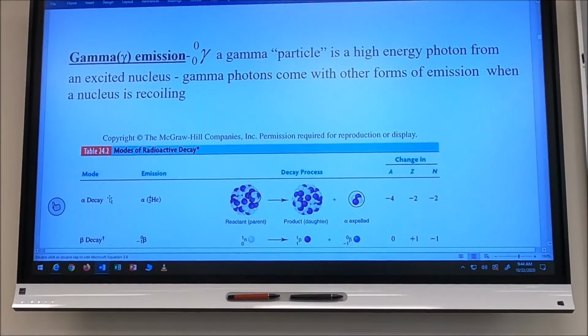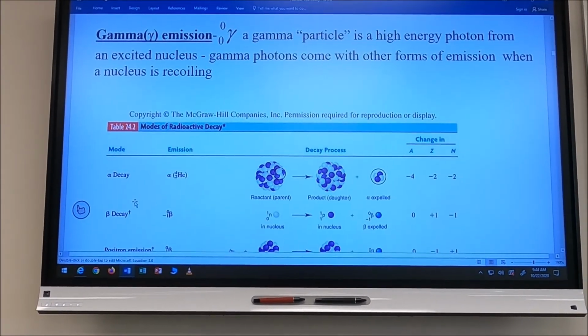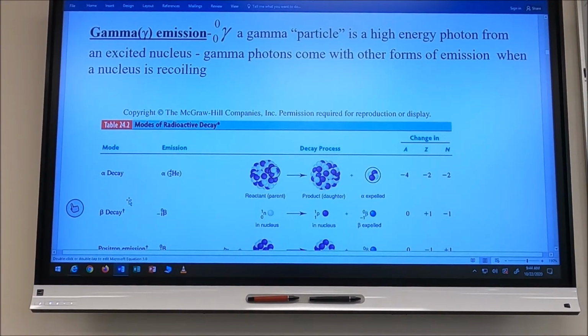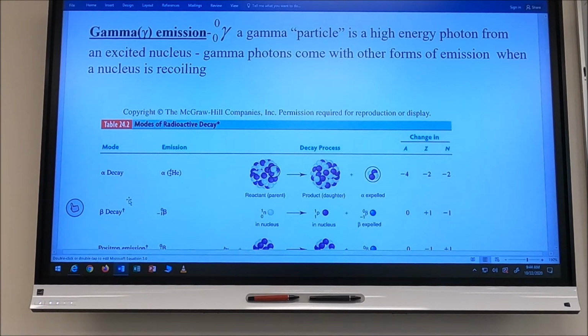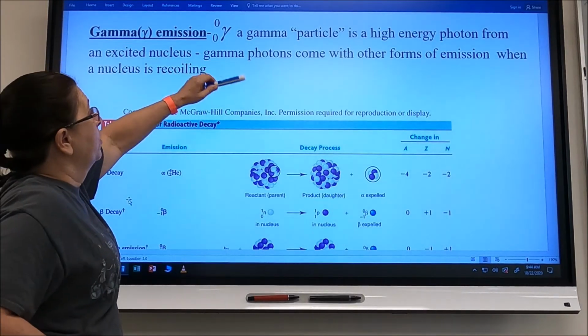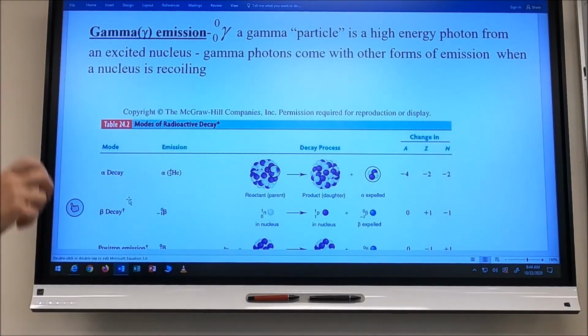Now, the last type of emission we need to talk about is a gamma emission. Gamma, notice, has an atomic number of 0 and an atomic mass number of 0. A gamma particle, quote unquote, is a high energy photon that's exiting from an excited nucleus.